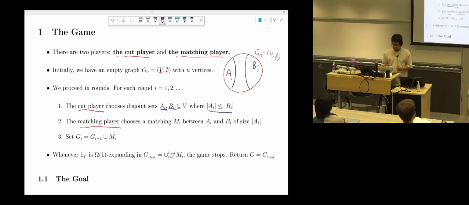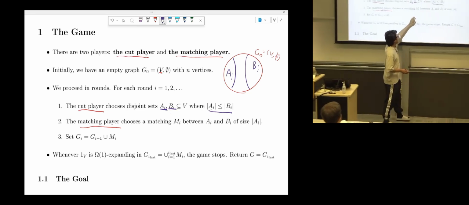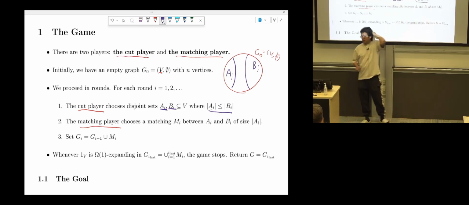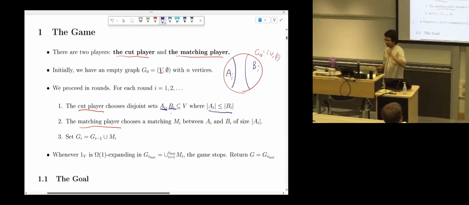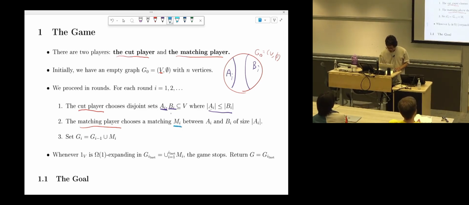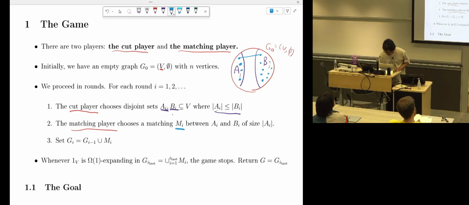Then the matching player, what it will do is that it will choose a matching between A and B. And the matching will need to match everything in A. So if there are like 4 nodes here and 6 nodes here, or more than 4, then the matching will just match every node in A_i to some node in B_i.